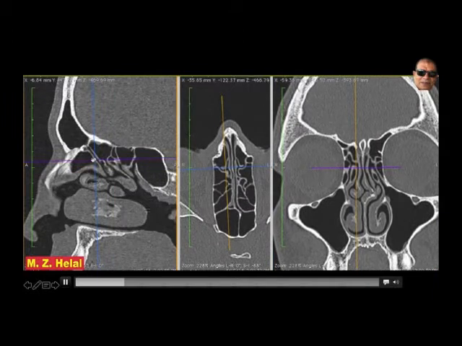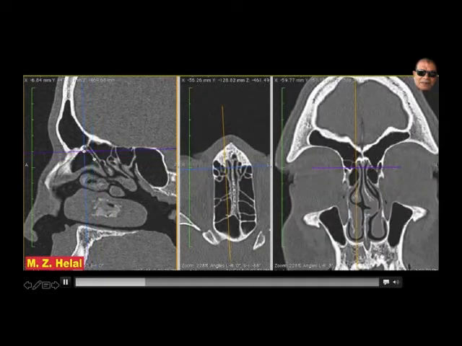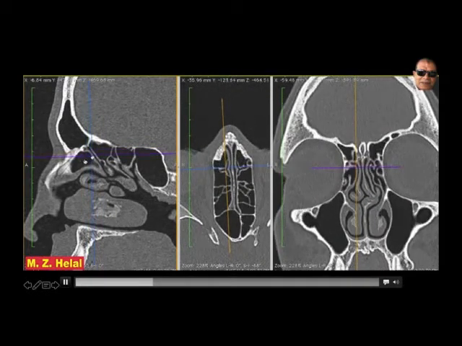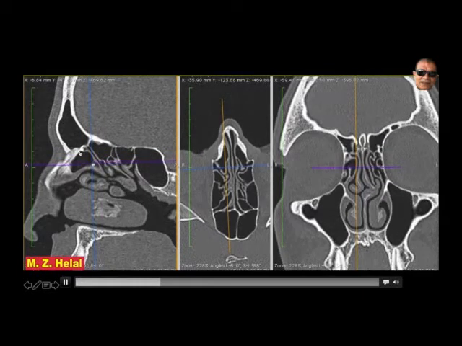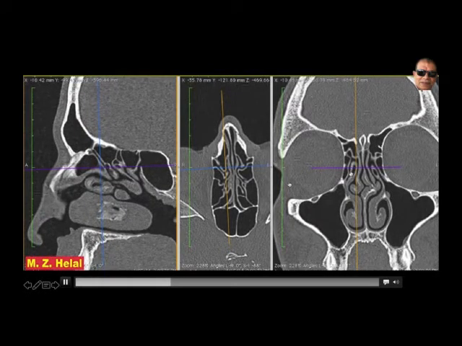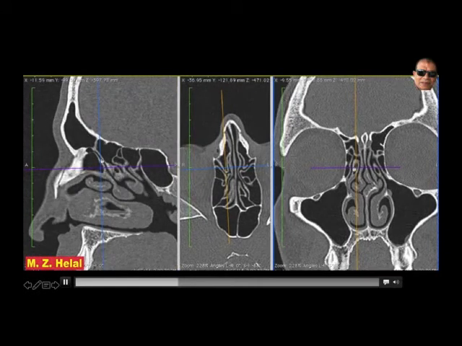This is the uncinate process as I am moving the intersection on the sagittal and look for the coronal. It forms the posterior wall of the agger nasi cell. This is an agger nasi cell, and through the agger nasi cell, it is inserted in the lamina papyracea. So simply, if we follow the uncinate process superiorly like that, then we can reach the frontal sinus easily.